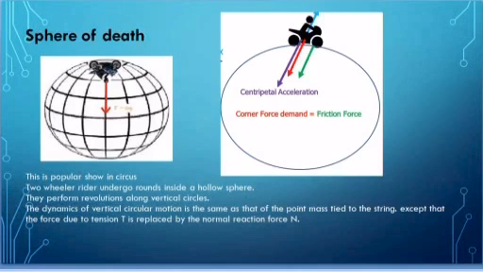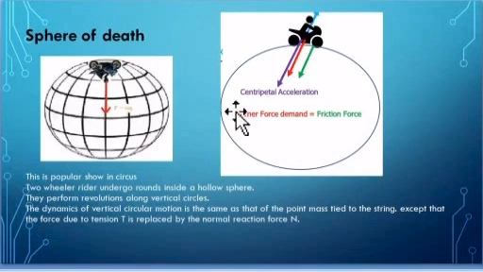Now the second concept is the sphere of death. We have studied in this lesson on rotational dynamics the well of death. This is a similar kind of concept. This you can see in circuses. It is a popular show in circuses.